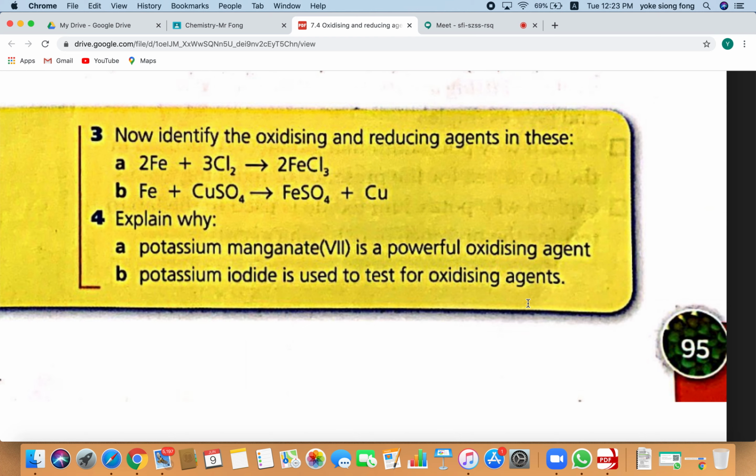It means something undergoes reduction, so this one must be the reducing agent. If you want to detect an oxidizing agent, you have to use a reducing agent. If you want to test for a reducing agent, you must use an oxidizing agent. It's the other way only. Because one must be oxidized and one reduced, it is called redox. So the explanation is that potassium iodide is used to test for oxidizing agent because it is the reducing agent.